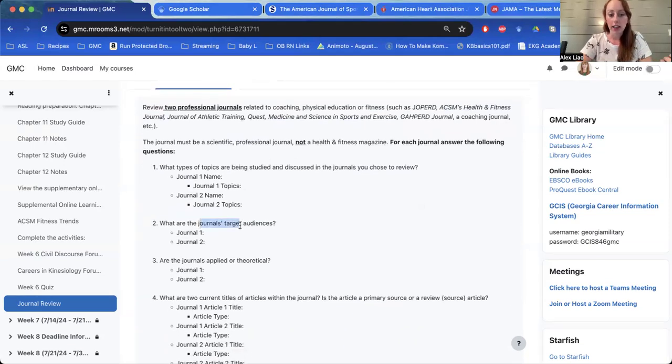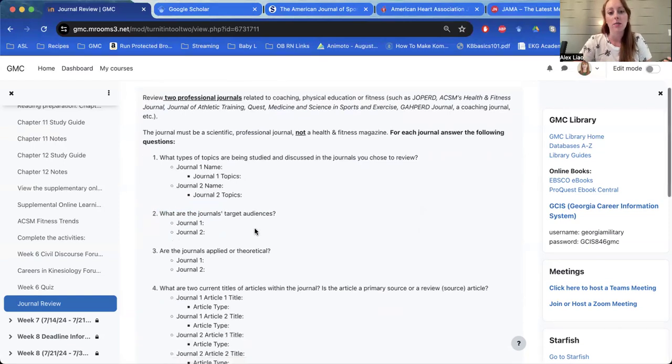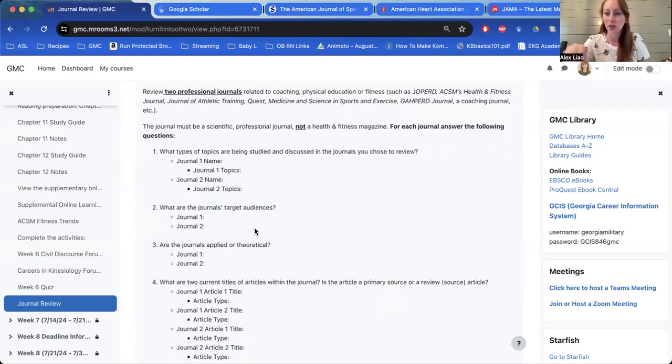And then the target audience. So who is this journal meant to be sent to? For this, it is for people within the sports and medicine world. So those can be physical therapists, athletic trainers, exercise physiologists. They can be health coaches. So who are the target audiences? There are also specific journals that are for specific audience populations.